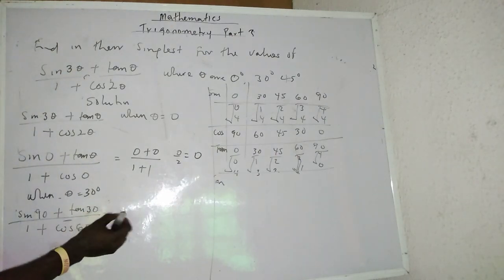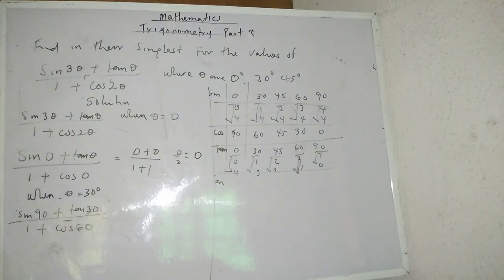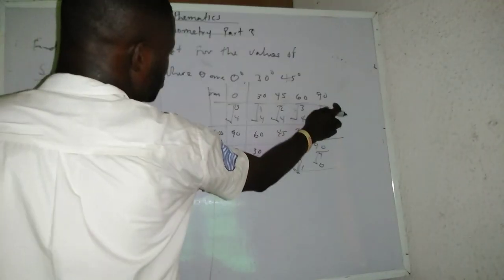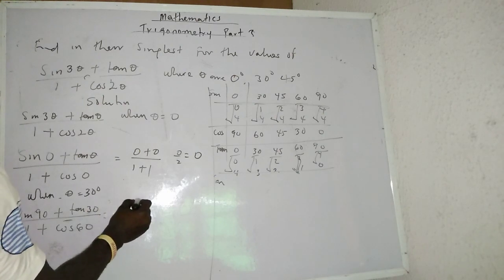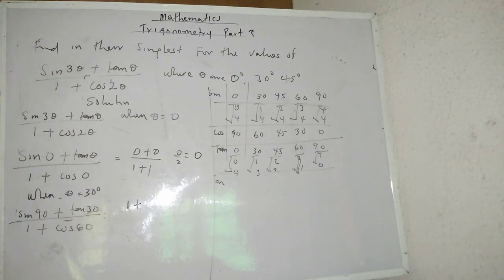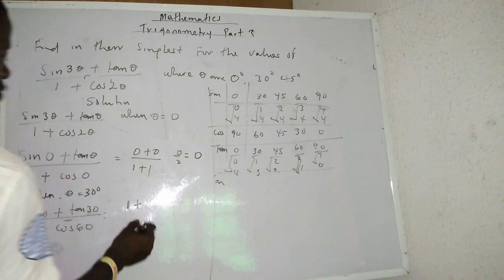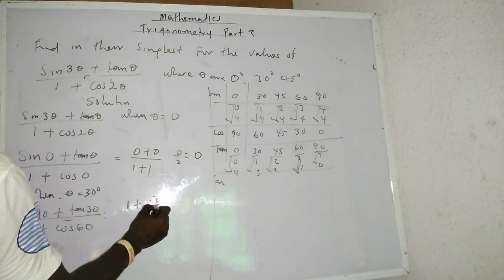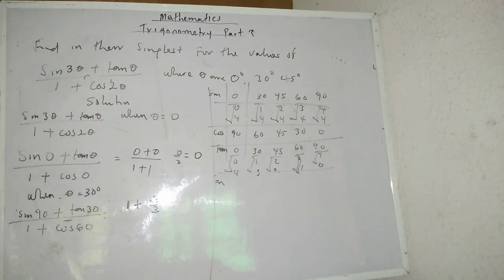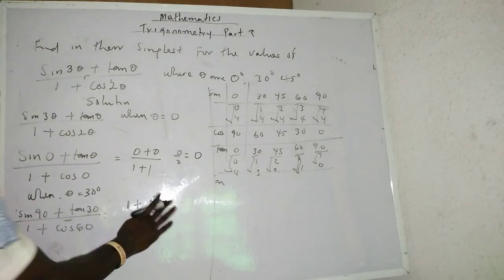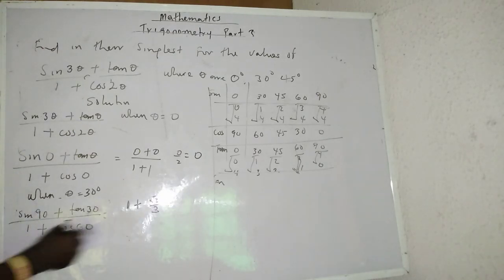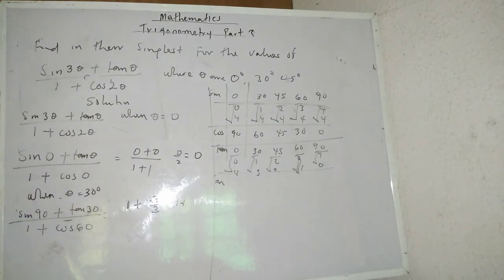Now, at this point, sine 90 is equal to 1, which is 4 divided by 4 is 1. Root of 1 is 1. I have 1 plus tan 30. What is my tan 30? I have root 3 all over 3. Now, divided by 1 plus cos 60.